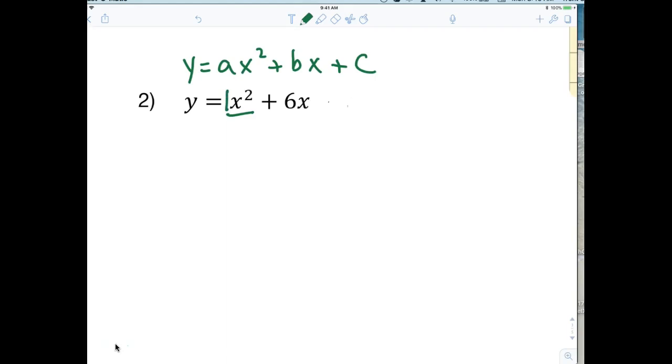It's always been a 1. What number's in front of this? That's right. If there's no number, it's understood to be a 1. It's like when we solve an equation: 3x equals 6, we divide by 3, x equals 2. I don't say 1x equals 2. Agreed? So what does A equal?